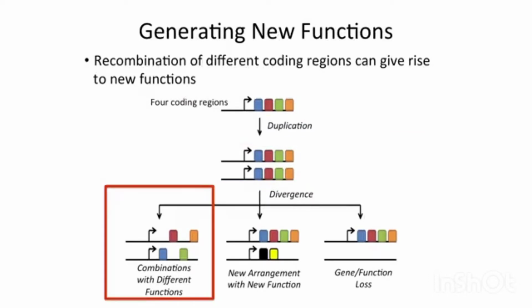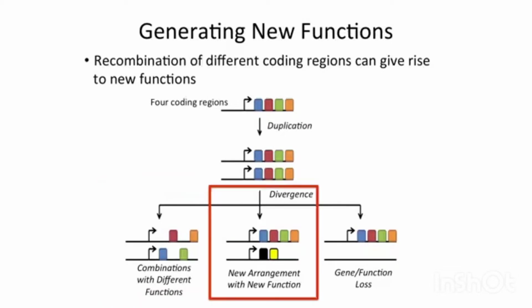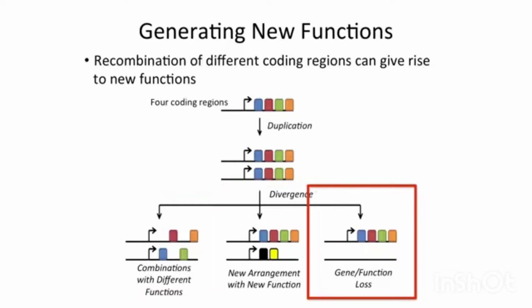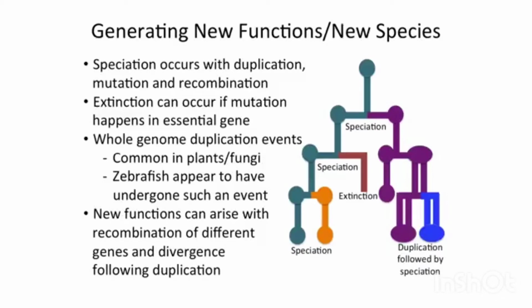There are multiple possibilities for next steps: combination of 2 coding regions in a way that confers new functions that may be beneficial to the cell. Completely new functions can be derived from the prior sequences, or the duplicated DNA itself can be lost and become non-coding and non-functional.